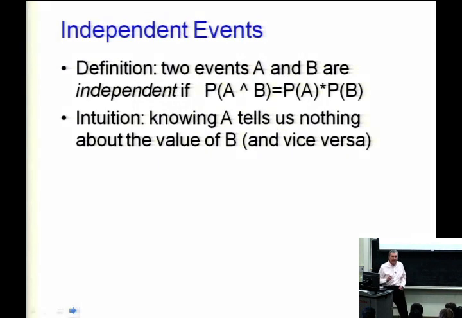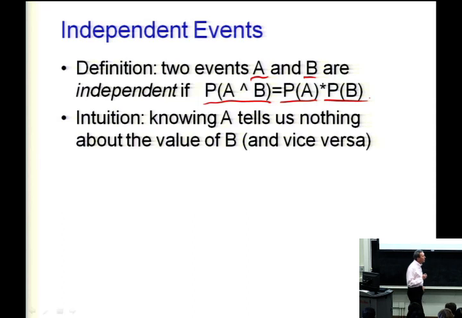Okay. Independent events. So we'll define two events or random variables. We'll say they're independent if the probability of their conjunction is just the product of their individual probabilities. So let's see.